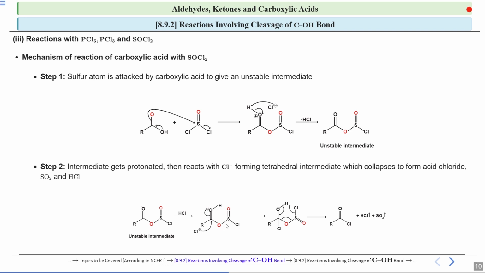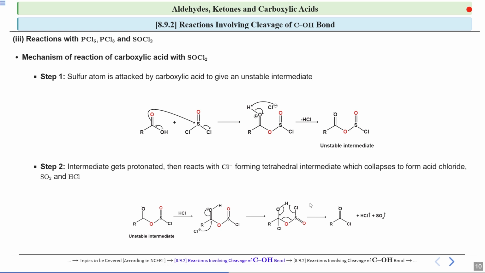Now a chlorine atom attacks this intermediate, and it forms a tetrahedral intermediate, which then finally collapses to give the final product, an acid chloride, and SO2 and HCl.